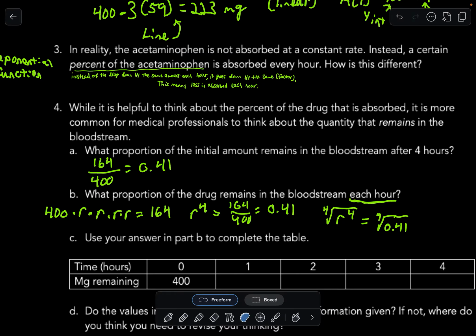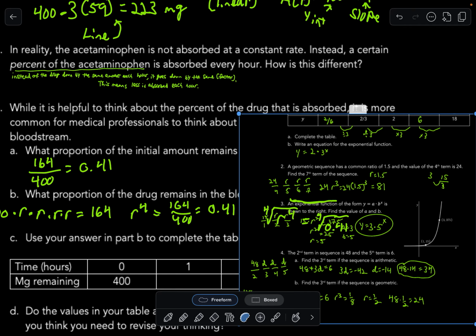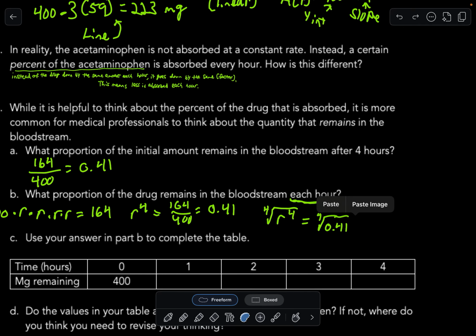That gives me 0.8002, and it goes on even past that. So I would say it's about 0.8. So about 0.8 remains in the bloodstream each hour.